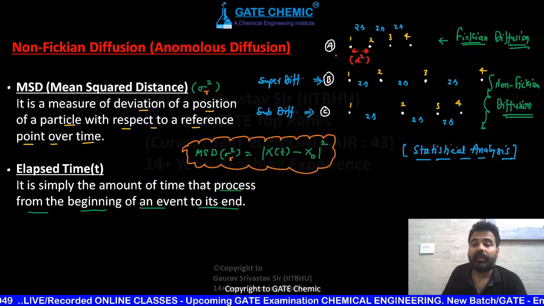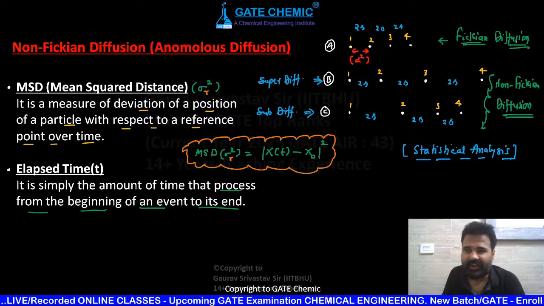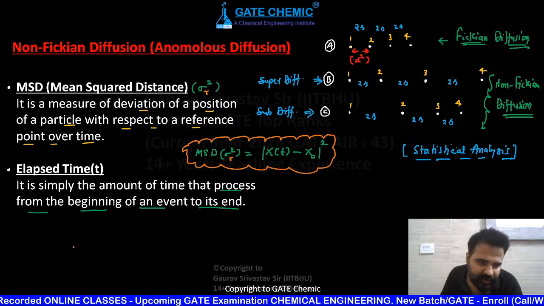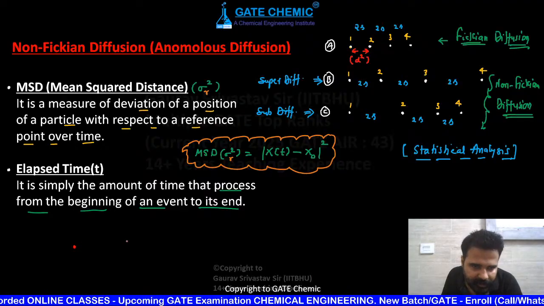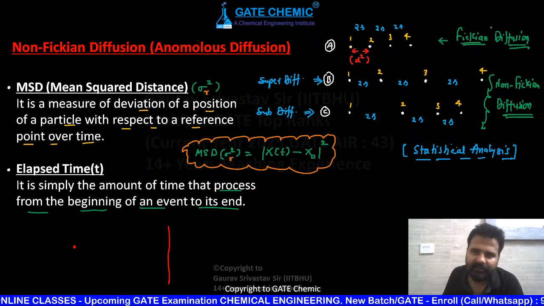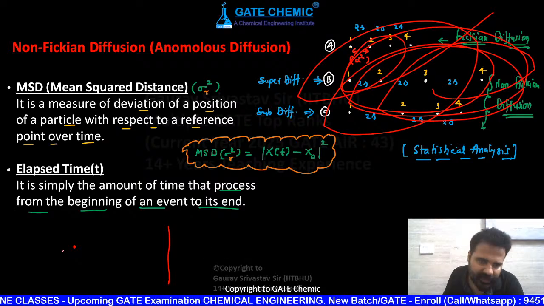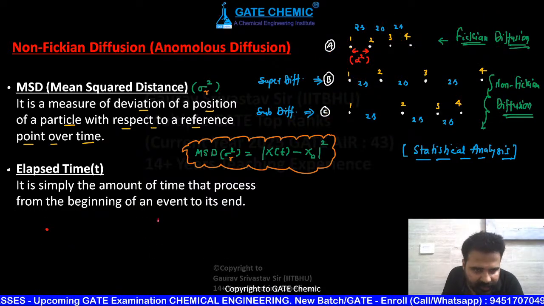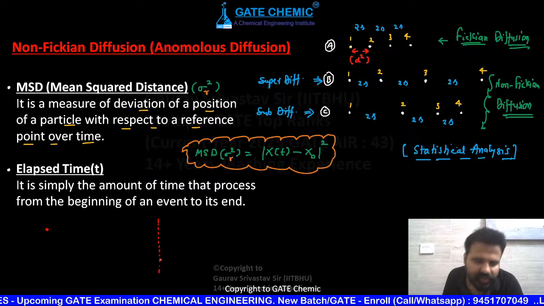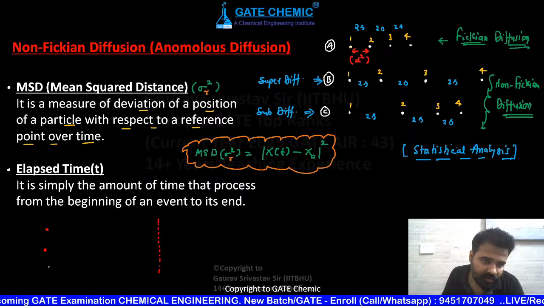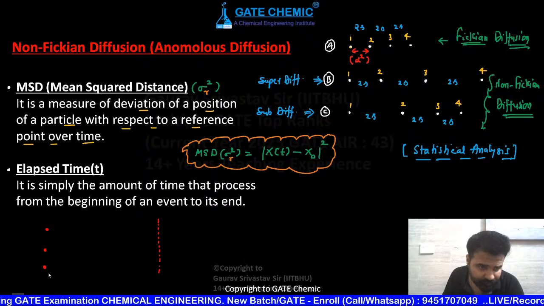Now, three types of cases. One is Fickian diffusion; what is Fickian, what is non-Fickian. Just see here, beta. This is one molecule, and it wants to reach the final destination. Forget this, leave this, don't look at this. Look at the new diagram here. This is the molecule, and this is the point where it wants to reach, and some other molecule is also there.